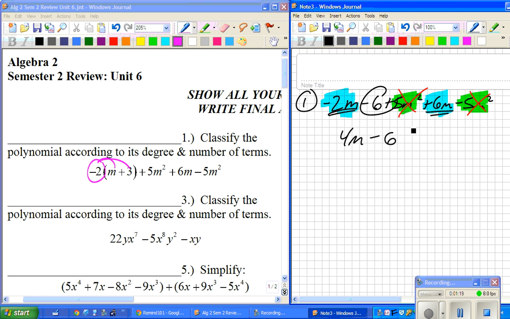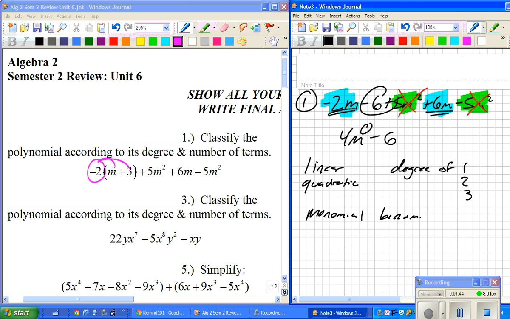Okay? Now, we have to classify that, which means, is it linear? Is it a quadratic? Other things we talked about are what is the degree? Degree of 1, is it 2, is it 3? Is it a monomial?